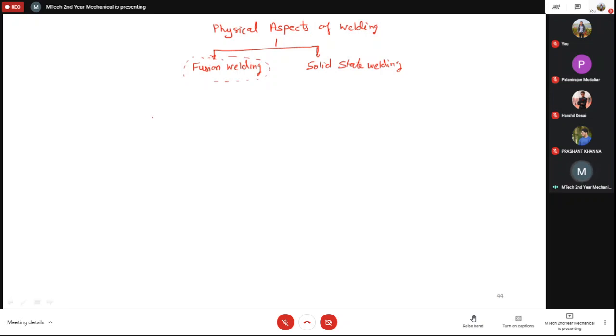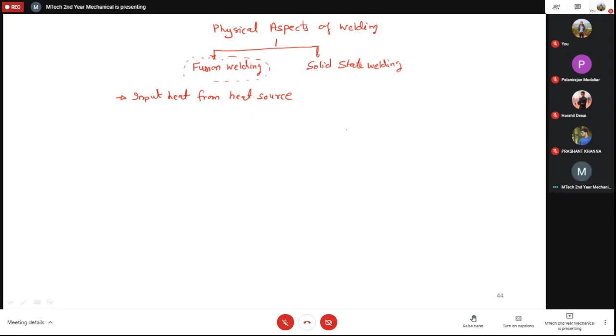So the differences we already know. The major difference between them is the heat input. Let's say the input of heat. If you can remember, in fusion welding, it comes from some heat source. It may be the electrical arc, or some arc from the burning gases, or some laser source or the electron beam. Okay, so they are all heat sources.